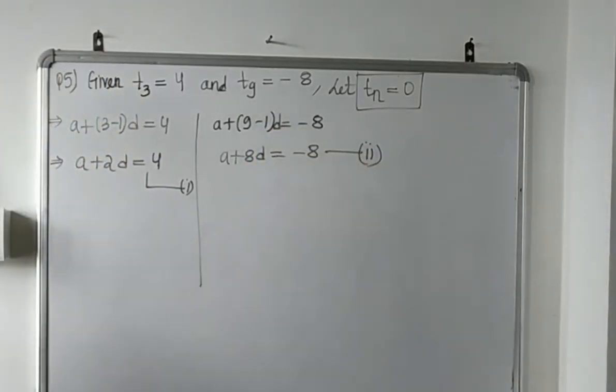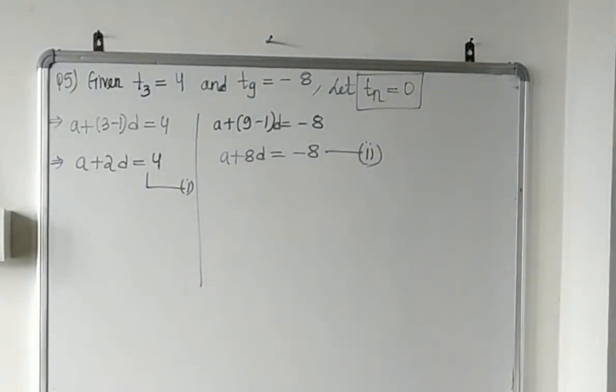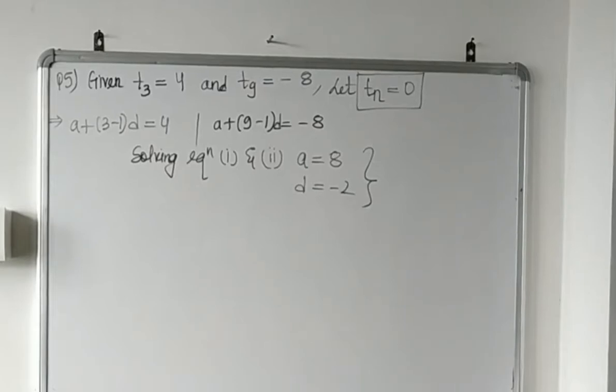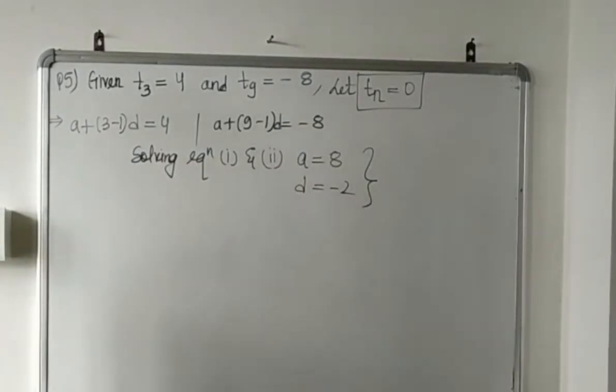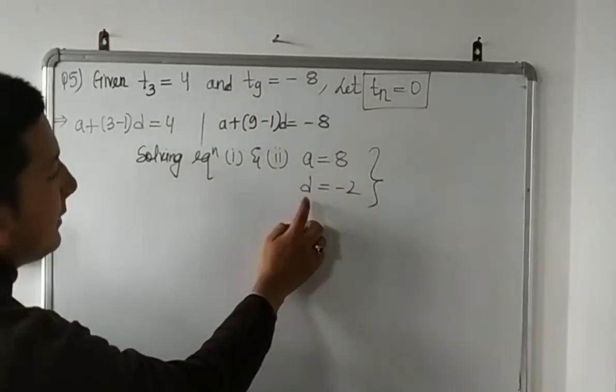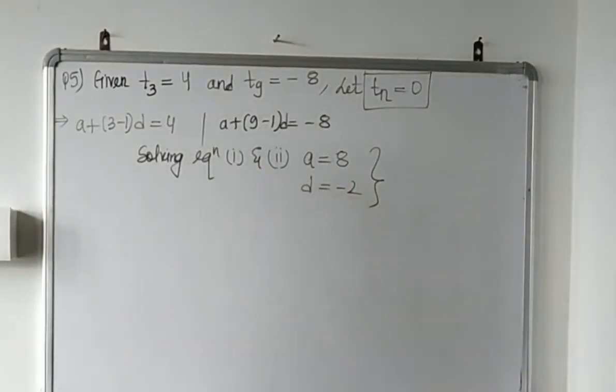We just have to solve equation 1 and equation 2 simultaneously. Please do it fast and give me the values for A and D. After solving, you will get A equals 8 and D equals minus 2. I hope this is clear.